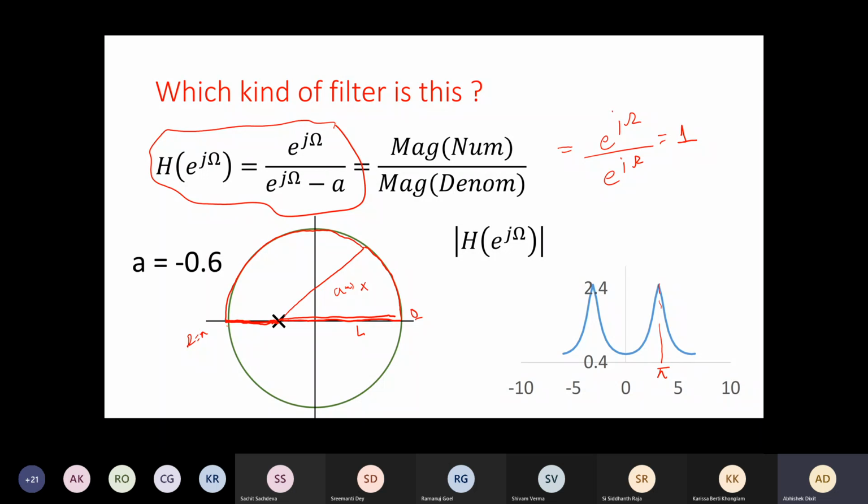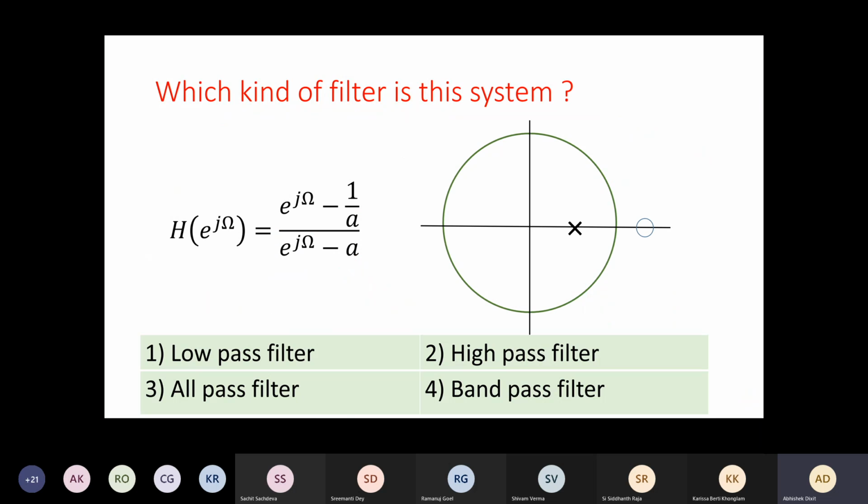Okay, let us do one more case. What about this? The pole is at A, and the zero is at 1 by A. What kind of filter is this system?